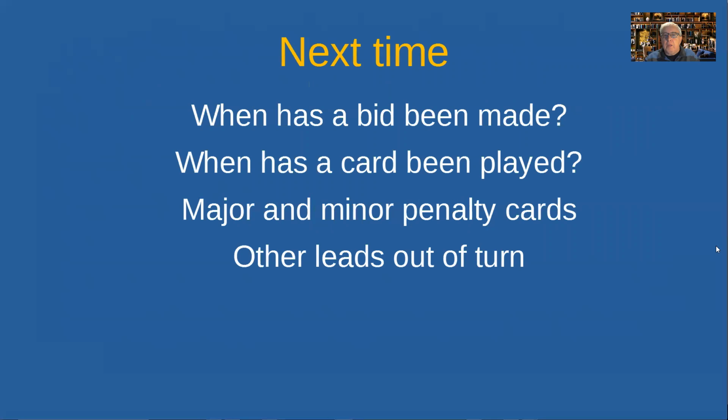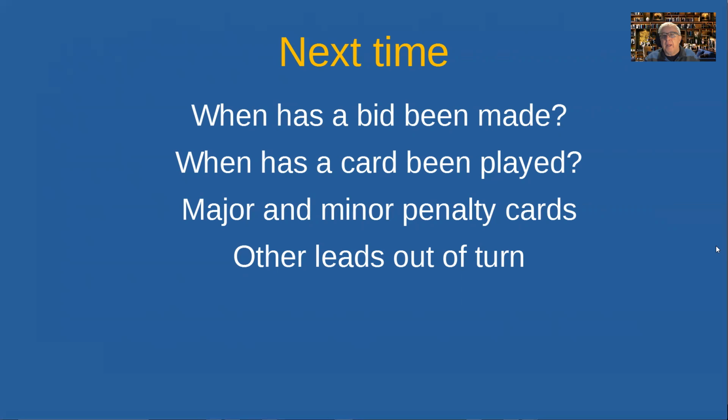Next time, we're going to do a couple of other things that people who are playing online don't do. We're going to talk about when a bid has been made so that we know whether or not somebody can withdraw that bid, and when a card has been played so we can decide when the card can be withdrawn.